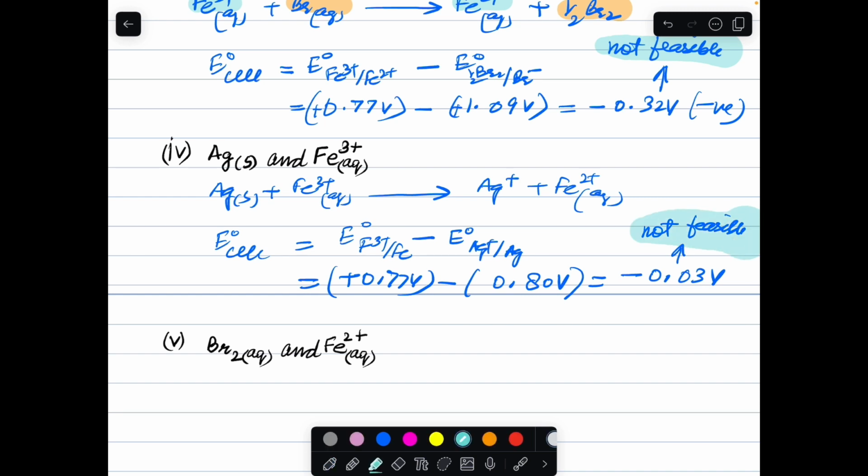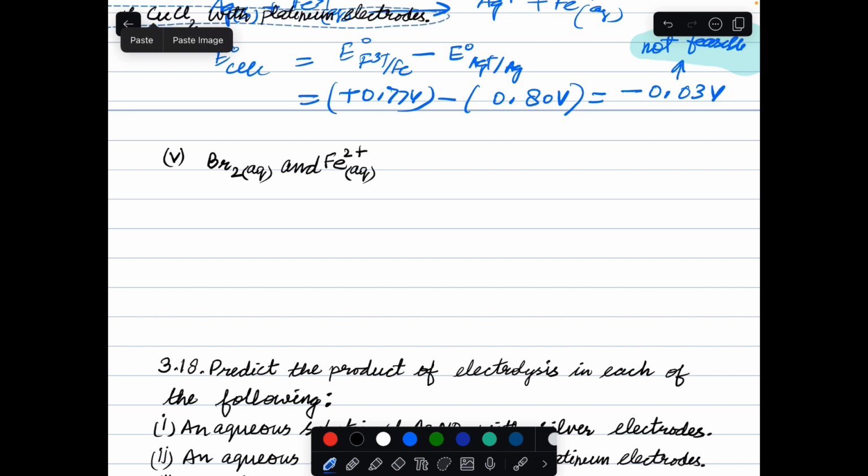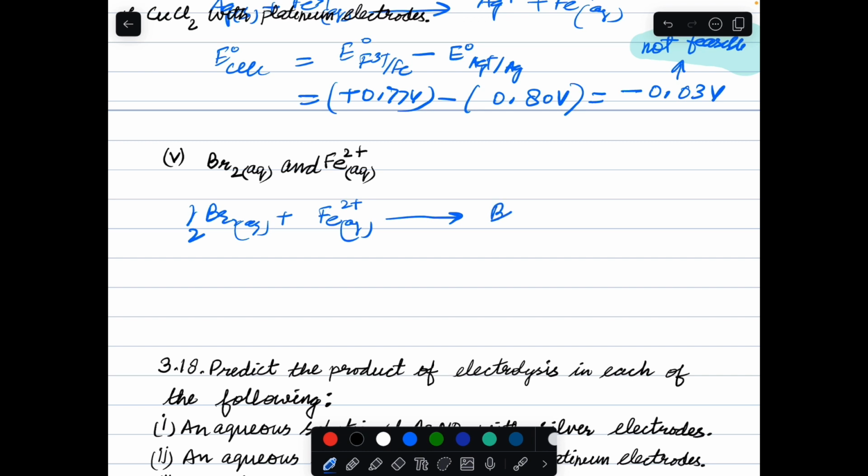Okay, now the last one. In the last one we are having a bromine molecule, that is Br2 aqueous, plus Fe2+ aqueous. Okay, to balance I'm writing here 1/2, it will give you Br minus aqueous plus Fe3+ aqueous.